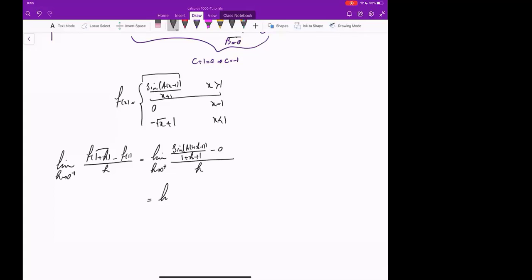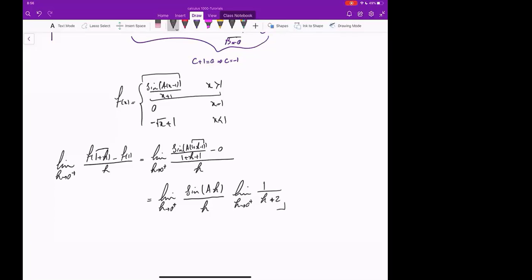This will give me the limit of, well, let me rewrite this. 1 plus h minus 1 is just h over, there is this h in the denominator. I can also separate this other piece, 1 over h plus 2.